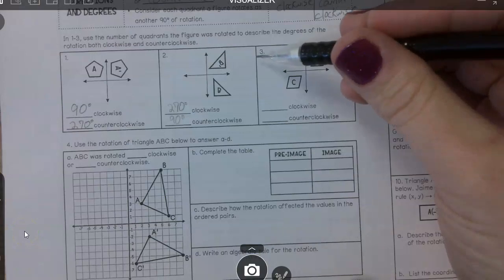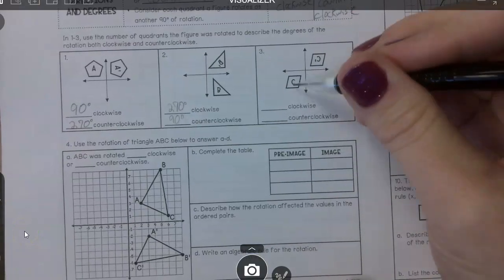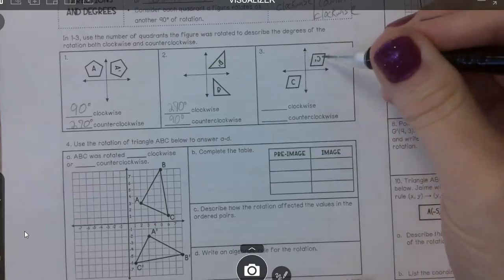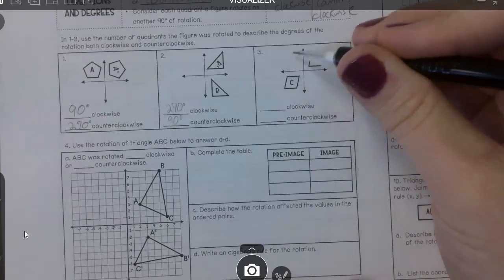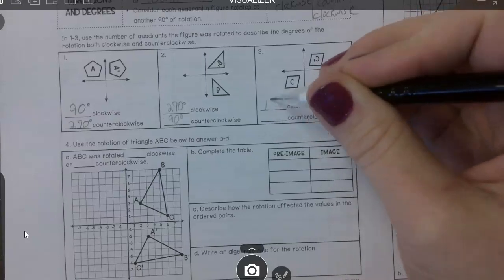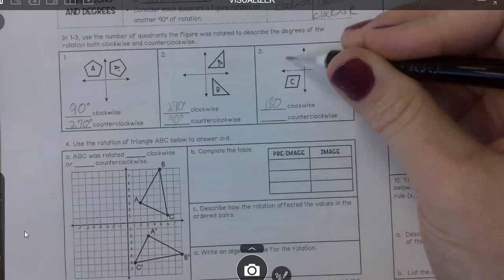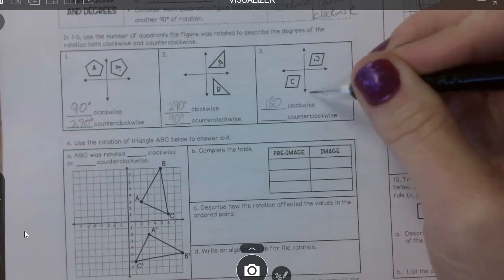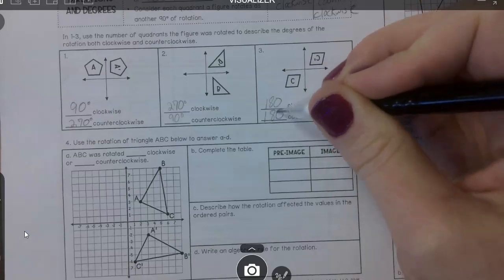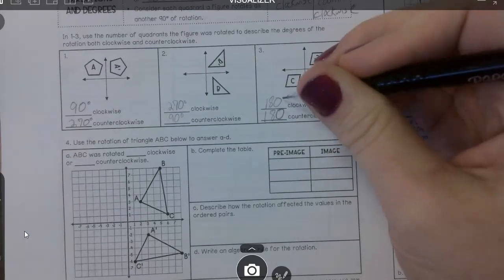Now, our last example right here, if we start at pre-image C and rotate until we get to C prime, no matter which way we go, that's going to be a 180-degree turn. So we go 180 degrees this way. We also go 180 degrees this way, so it's kind of the same. Which makes sense, because 180 degrees is a half turn.